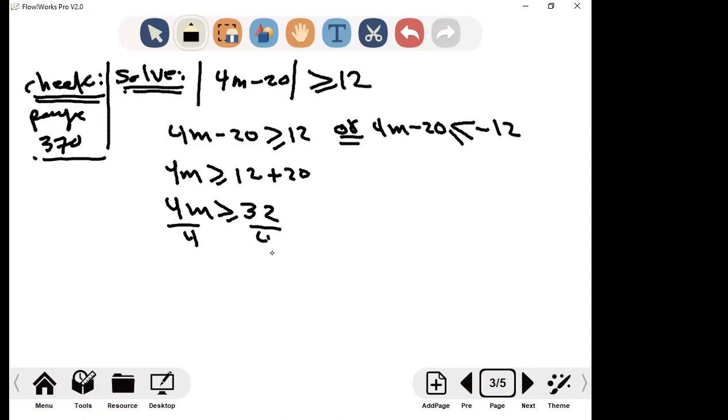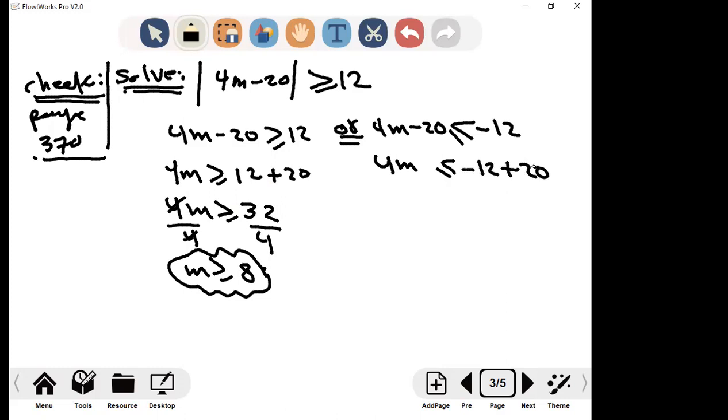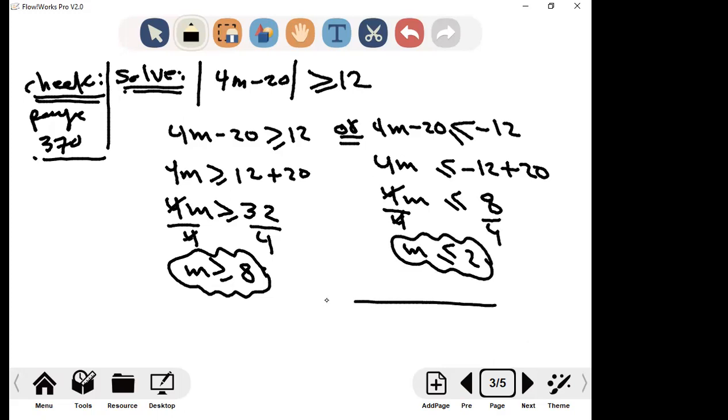Divide on 4, divide on 4, m more than or equal to what? 8. Or for 4m less than or equal to minus 12 plus 20, for 4m less than or equal to 8. Divide 4, divide 4, m less than or equal to what? 2.